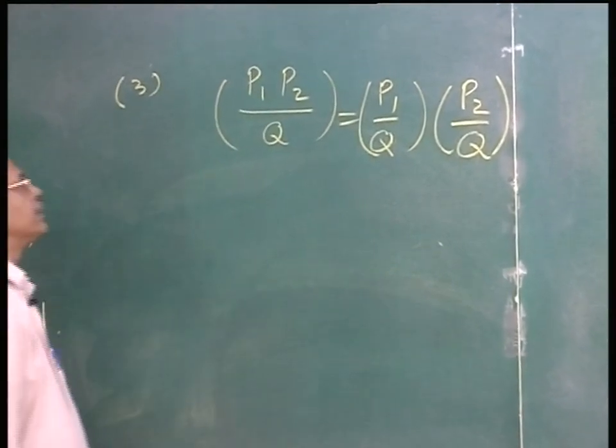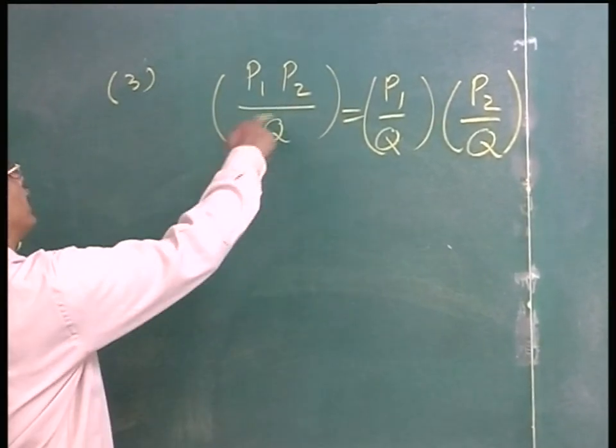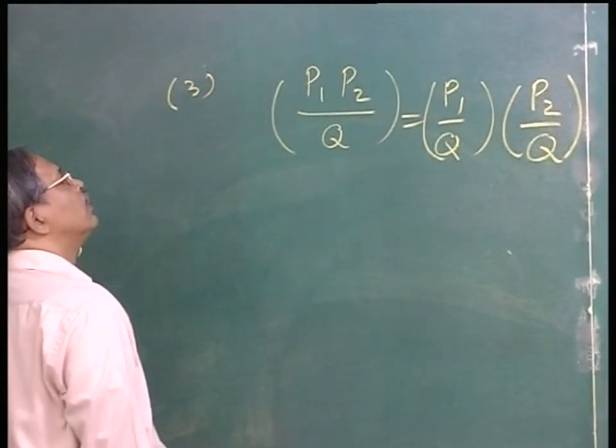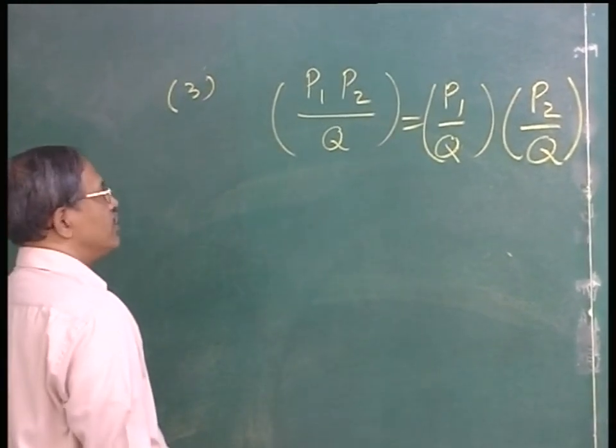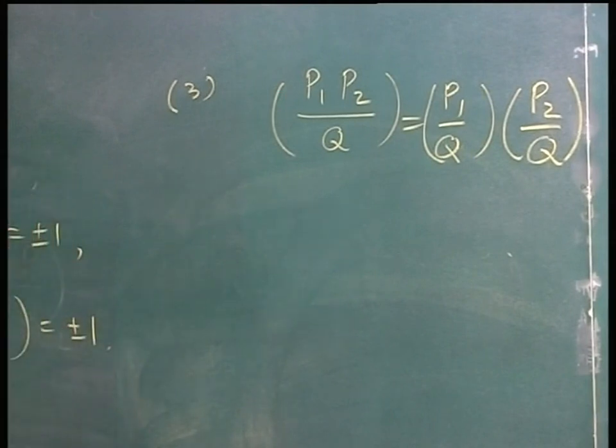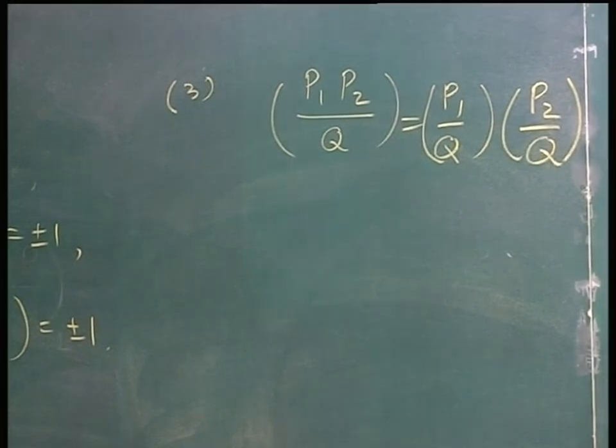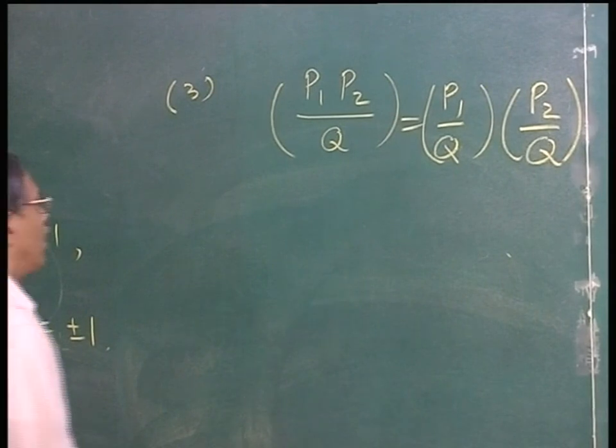To prove this, we have to factorize this Q, use the definition, and use the similar property of the Legendre symbol, because the Jacobi symbol is defined in terms of the Legendre symbol.